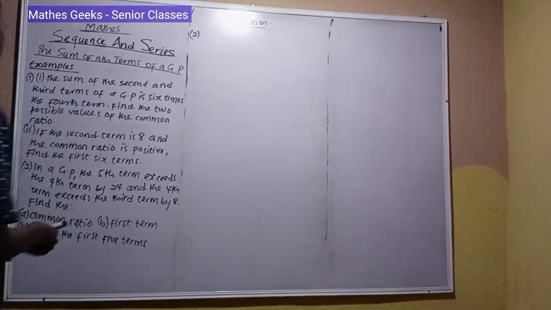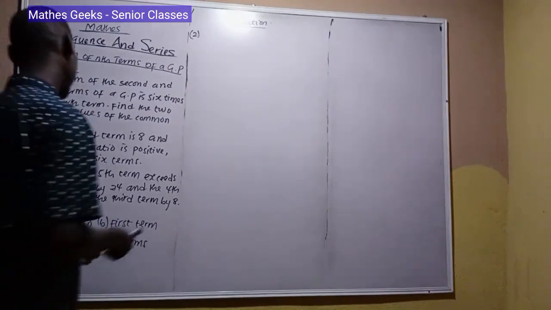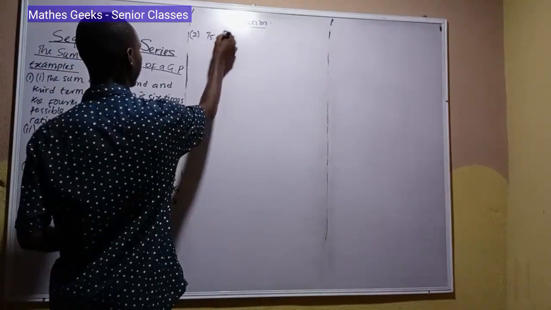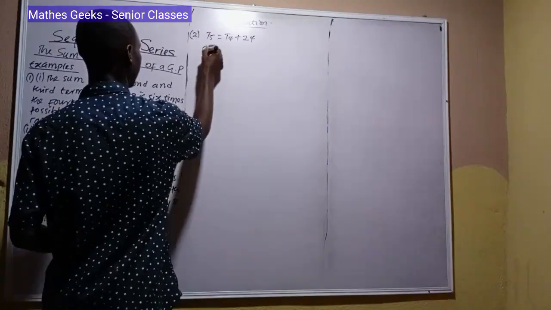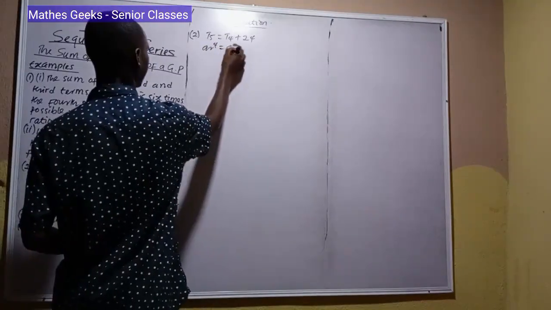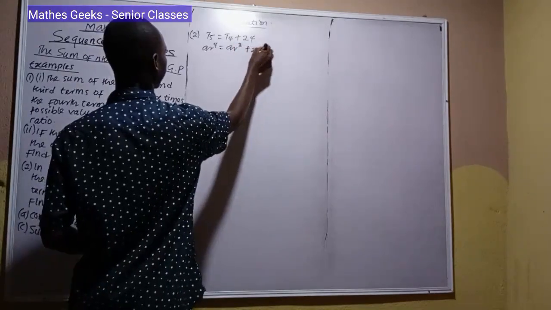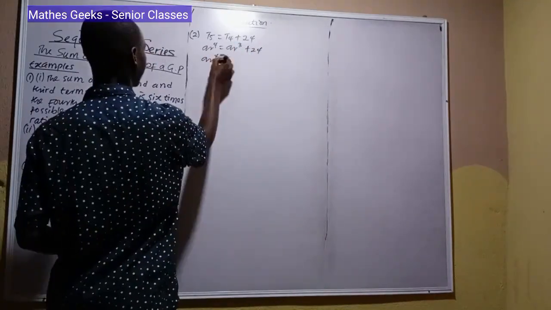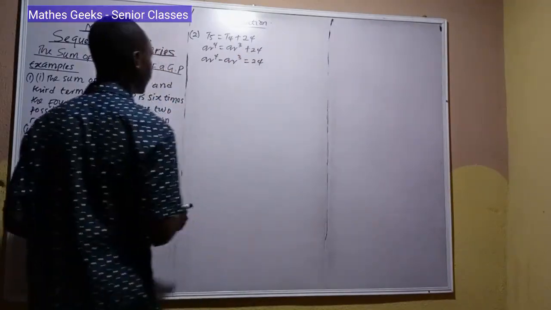Number 2. In a GP, the 5th term exceeds the 4th term by 24. C5 is equal to C4 plus 24. So A r raised to the power 4 is equal to A r raised to the power 3 plus 24. A r raised to 4 minus A r raised to the power 3 is equal to 24.